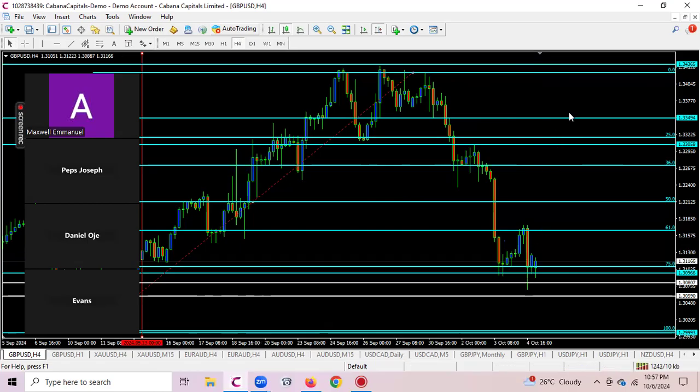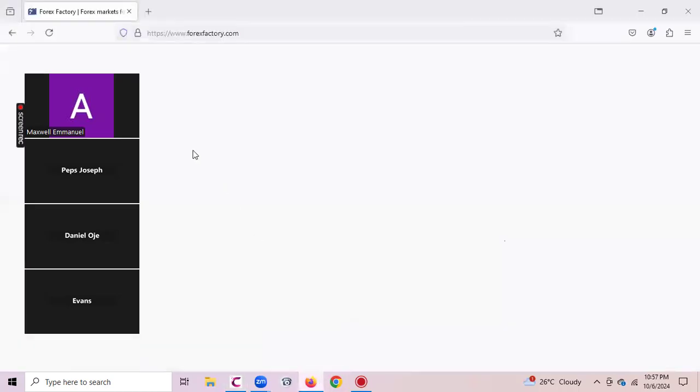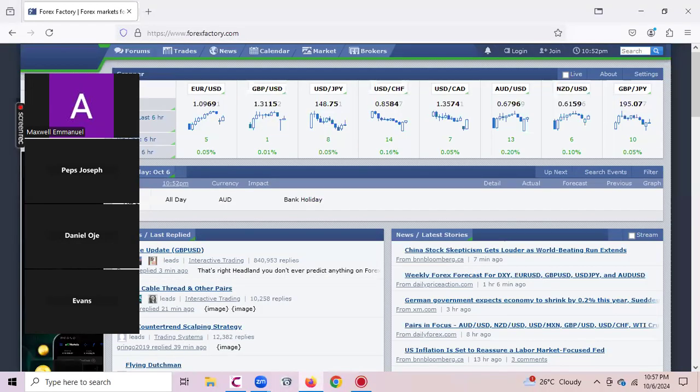I want GU to pull back to this area before I would consider going bearish. But my bias this week on GU is bullish. But like I said, there are several major news that will be released, and these news play a major role in the market. They do have high impact on price action.